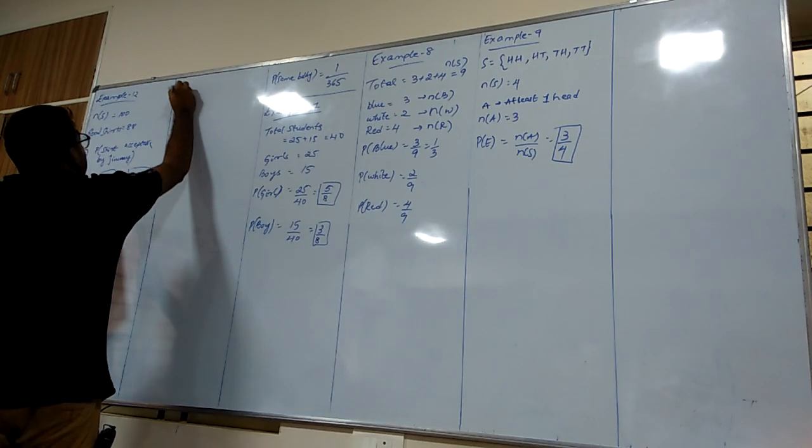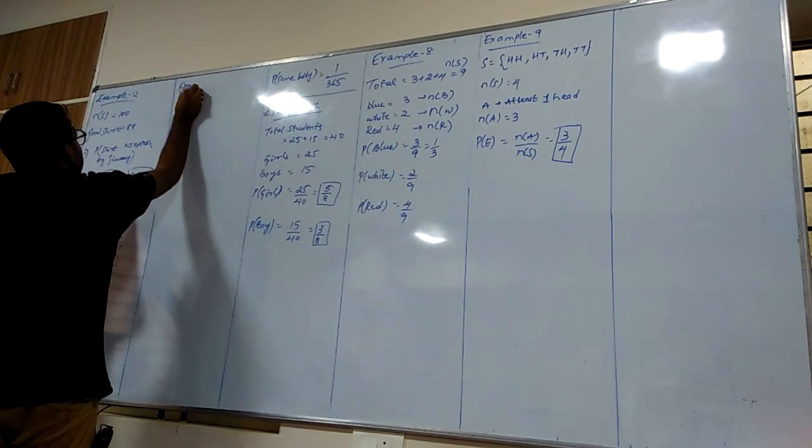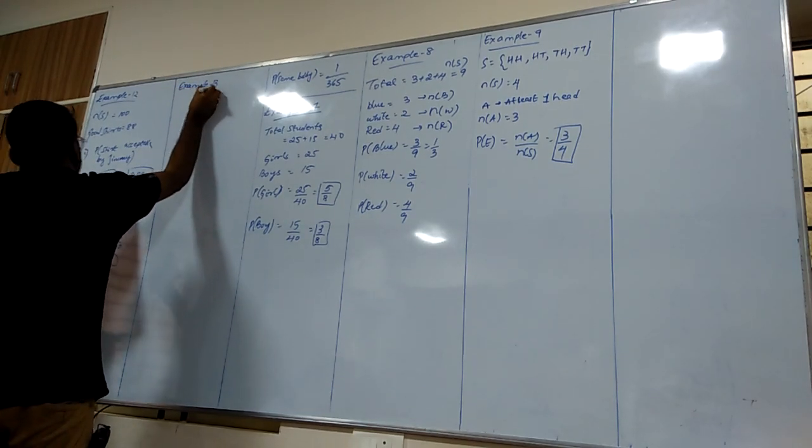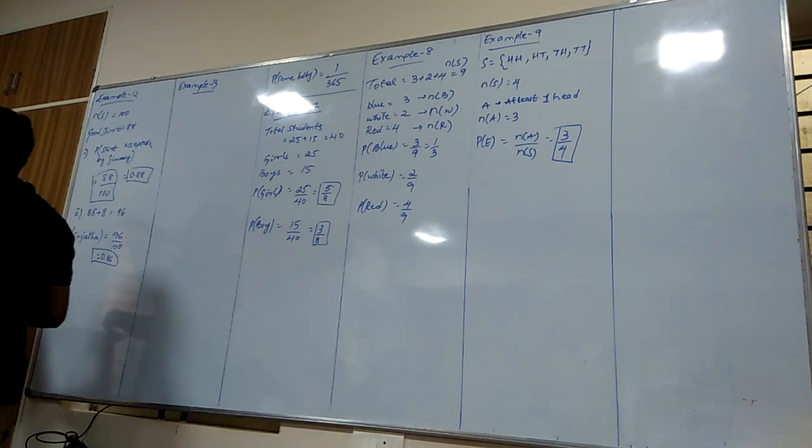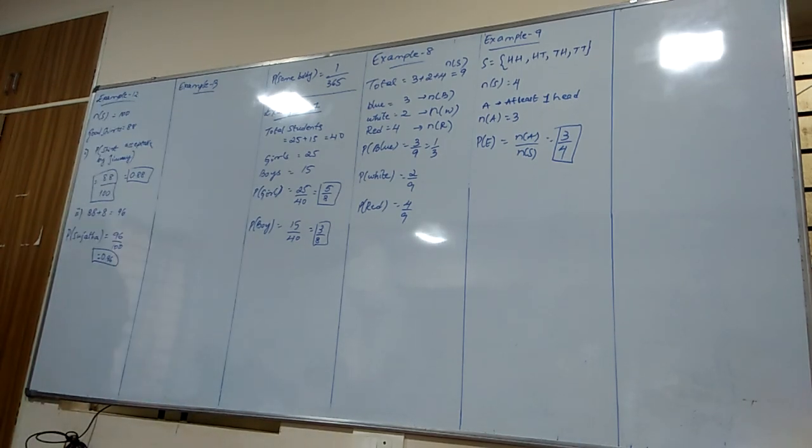So example number 13. 2 dice, one blue color and one gray color, are thrown at the same time. Write down all the possible outcomes. What is the probability that the sum of the two numbers appearing on the dice is 8, is 13, or less than or equal to 12?